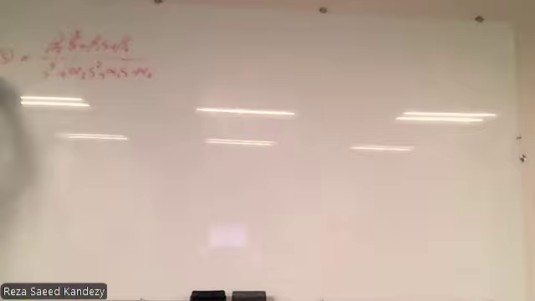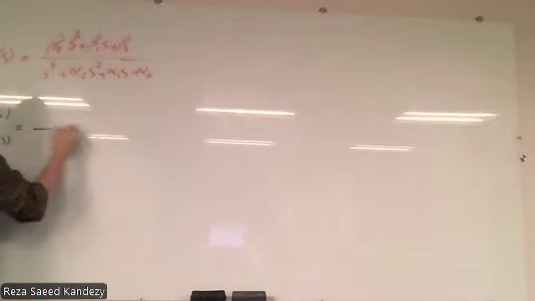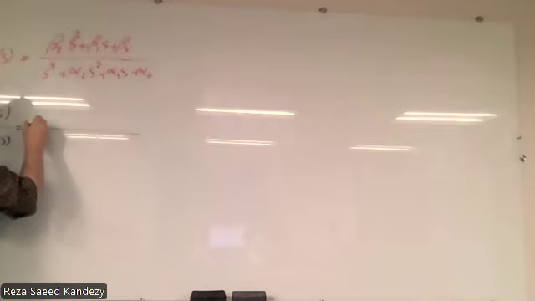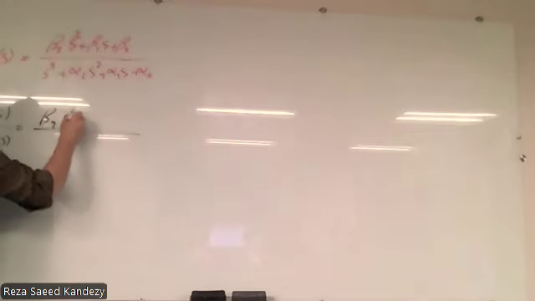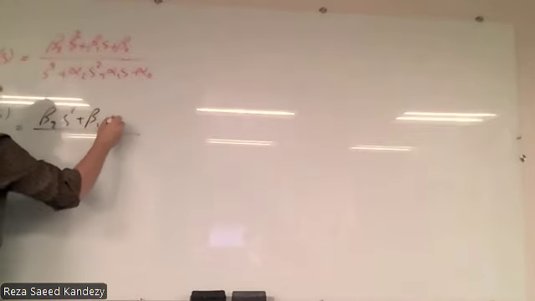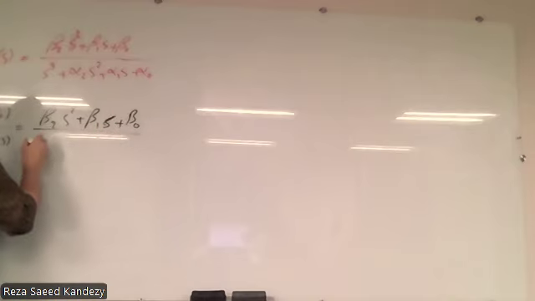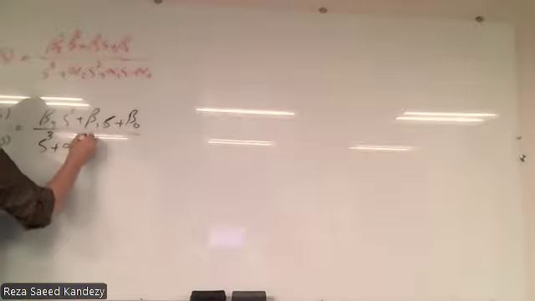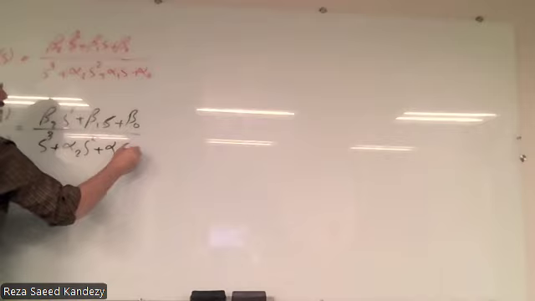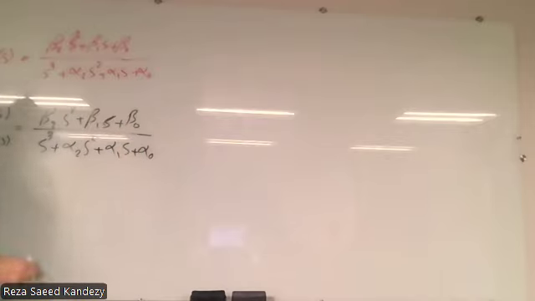So this is output versus input, and it is equal to this function: beta 2 s squared plus beta 1 s plus beta 0 over s cubed plus alpha 2 s squared plus alpha 1 s plus alpha 0.